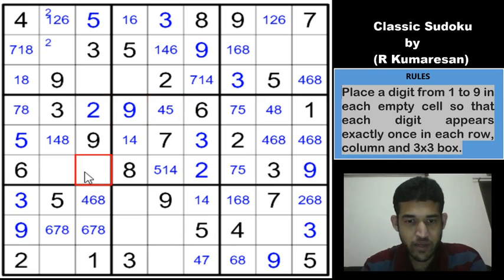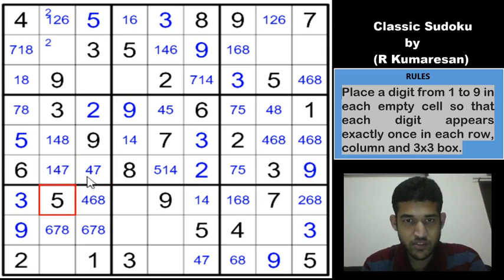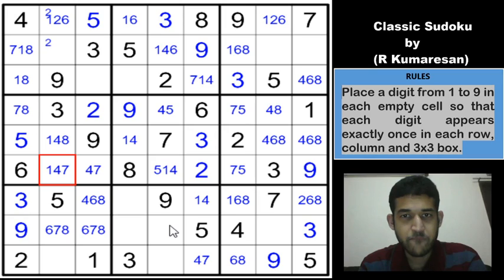So 2 can be removed from here, so this is 4 or 7, and this will be 1 4 7 because 5 cannot be here, so this is 1 4 and 7.